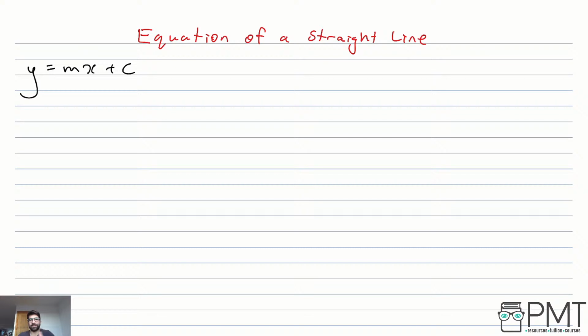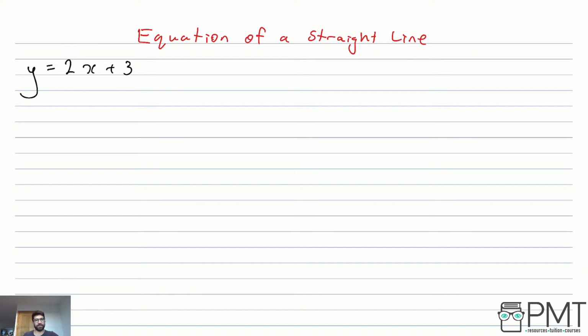So let's start with an example, so we get an idea of what the equation of a line, or the equation of a curve in general, does. Instead of y equals mx plus c, let's put some actual numbers in. Suppose we have y equals 2x plus 3. So what does this actually mean?